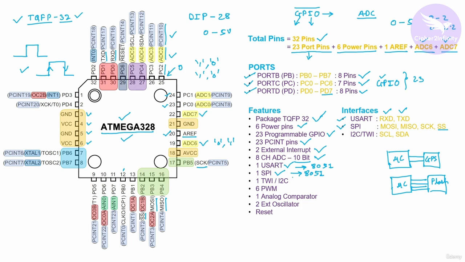Then the next interface is the I2C interface or TWI. TWI stands for two-wire interface, and I2C stands for Inter-Integrated Circuit interface. Both are actually the same. Whenever we deal with Atmel's controllers, you will use this particular word, TWI, which stands for two-wire interface.